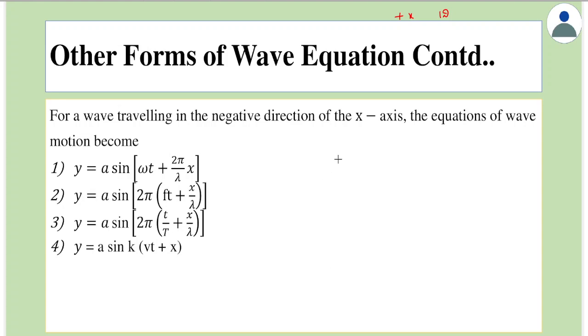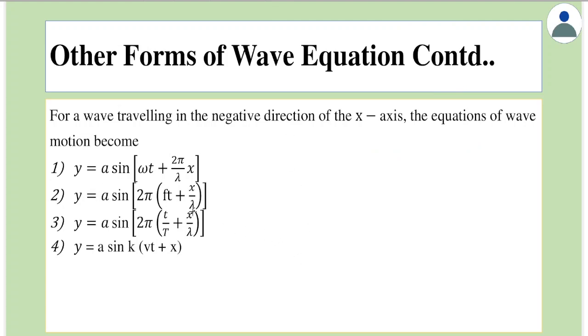Now imagine that the wave moves along the negative x direction. In that case, in the expression where we wrote t minus x by v, it becomes t plus x by v, or in simpler language, we can replace x with minus x.